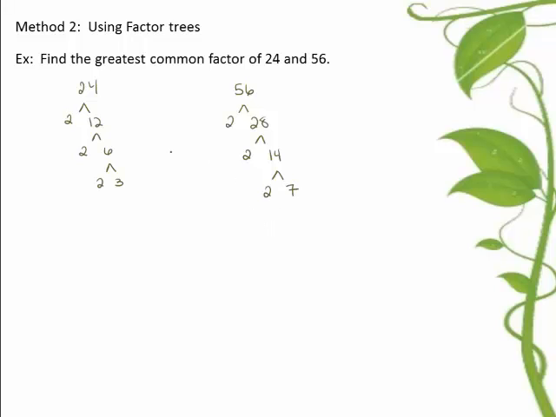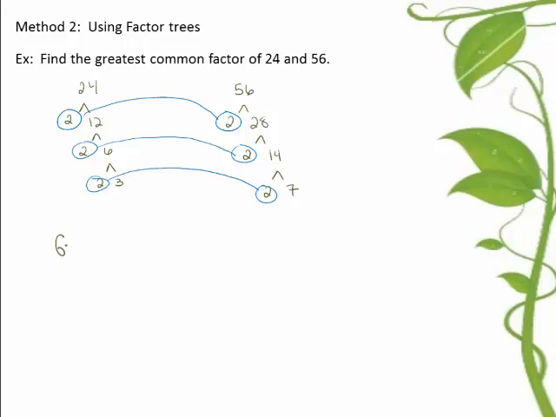Now what we do is we look at the two factor trees and we circle the pairs that they have in common, or the numbers that they have in common. And I like to draw a line between them so I keep track and I know I've got all of them. So they have 3 2's in common.